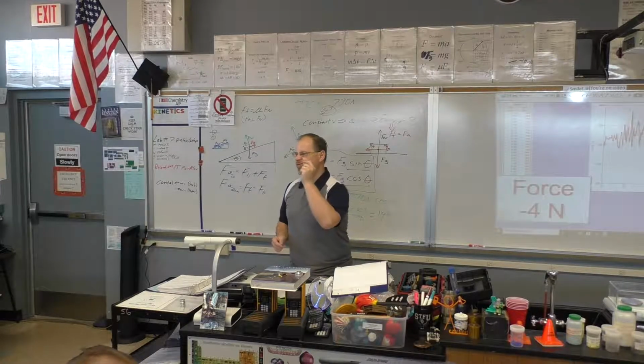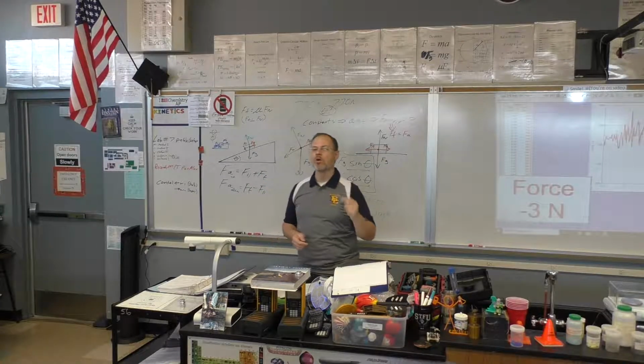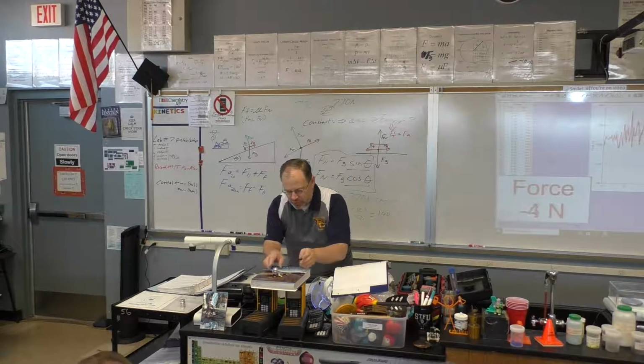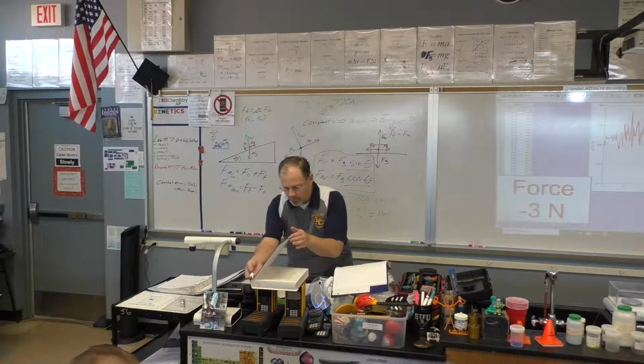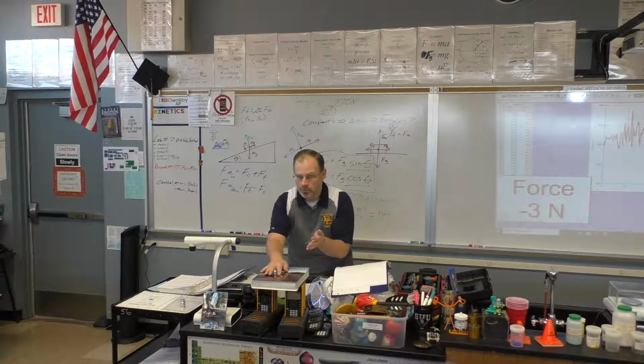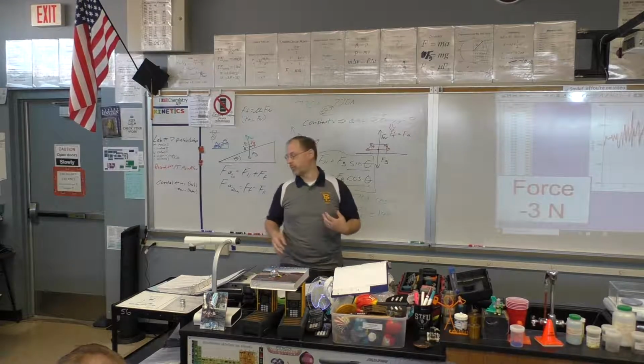No spring scales, no balances, no protractors, using only a ruler. You can determine what the friction coefficient is between the coin and the textbook cover. That is your goal. That is your task for the rest of the class period today.